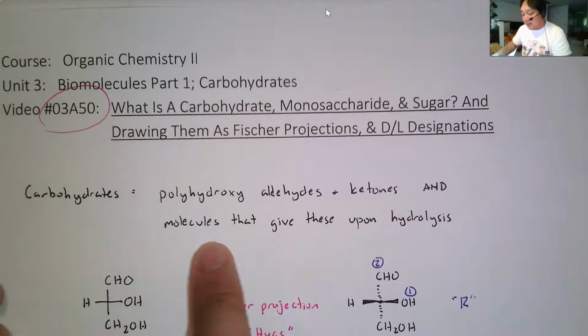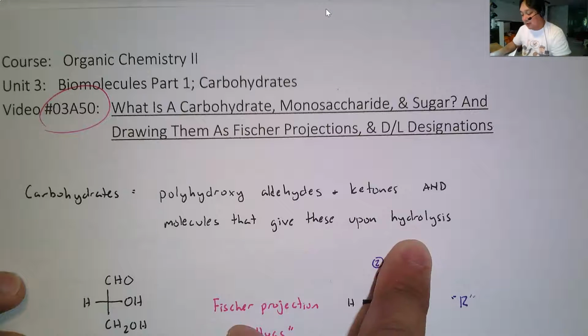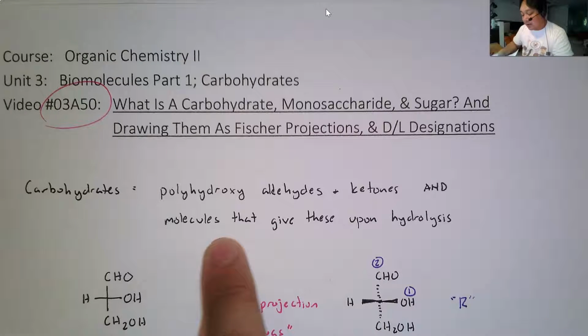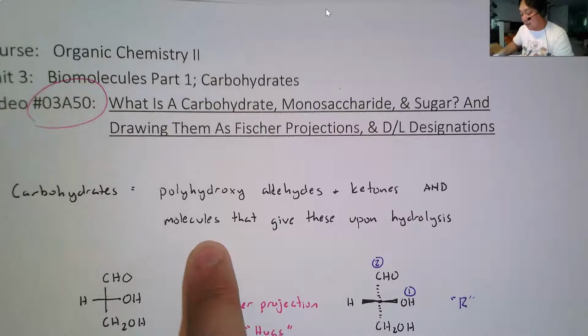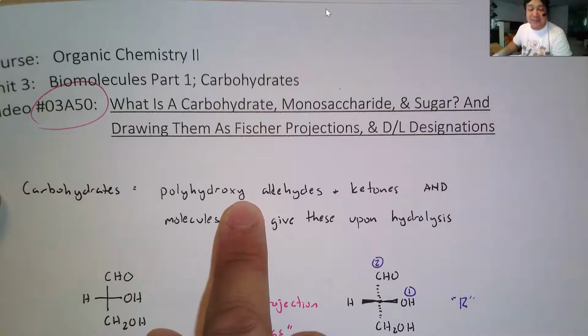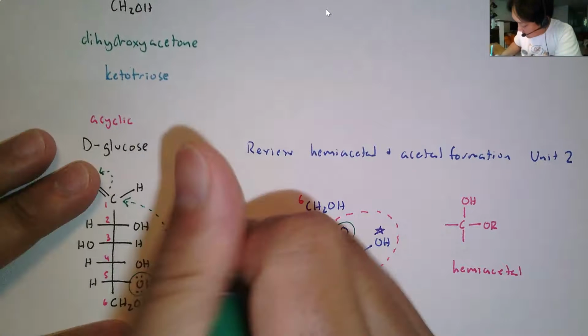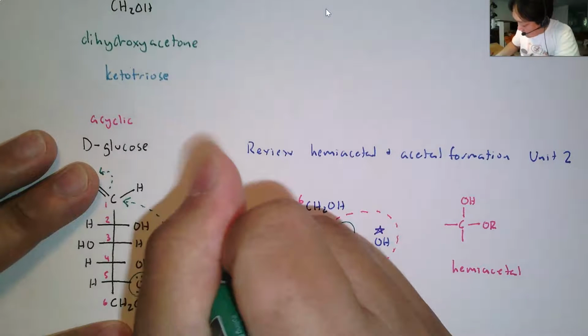That's what they mean when they write the definition like this, that it could also be the molecules that come from these polyhydroxyaldehydes and ketones. Okay, they just stated it a weird way, or I stated it a different way. It's molecules that you get these polyhydroxyaldehydes and ketones from upon hydrolysis. Okay, so we could do hydrolysis, and we could show that actually. Backwards, hydrolysis.